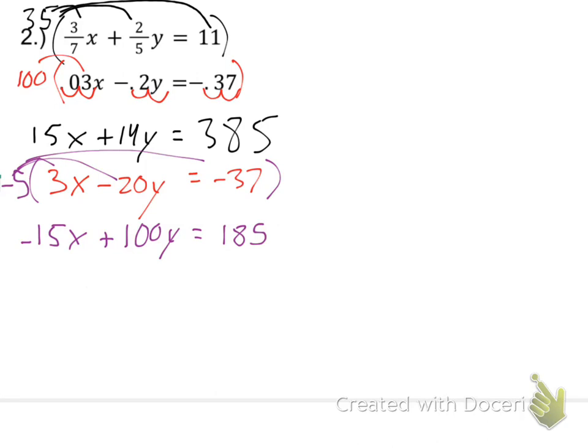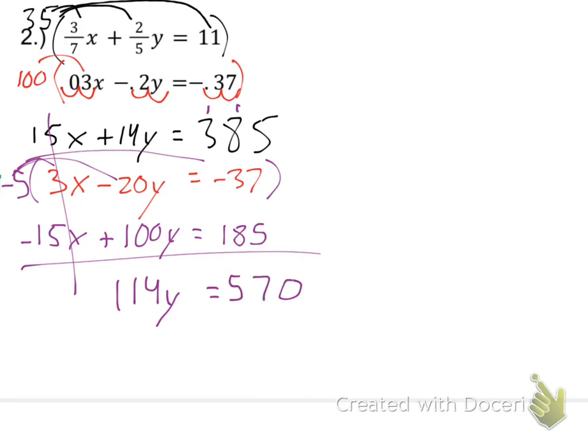It works. It's really cool. I'd use 40 minus 3 instead. Goes 200 minus 15. 185. Now, I can add them up. The x's are gone. 114y equals a 0, carry the 1, 7, carry the 1, 570.